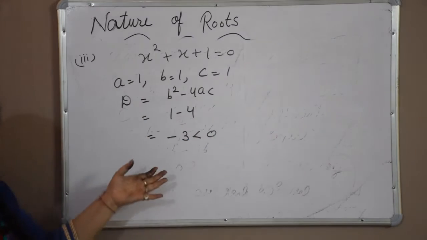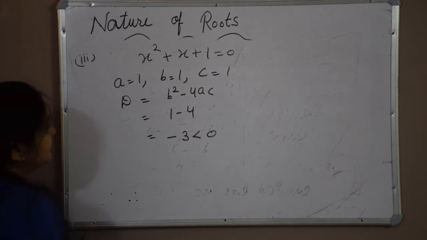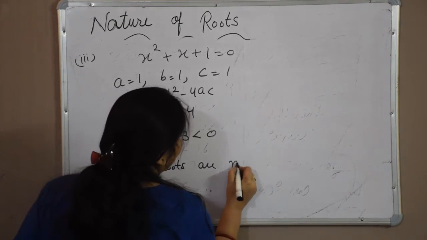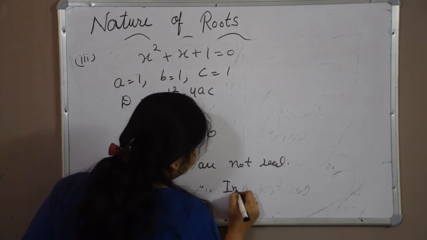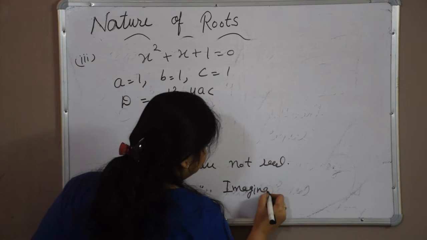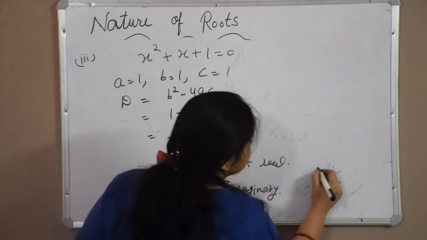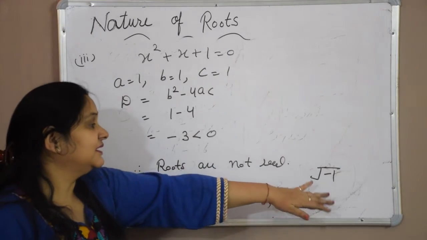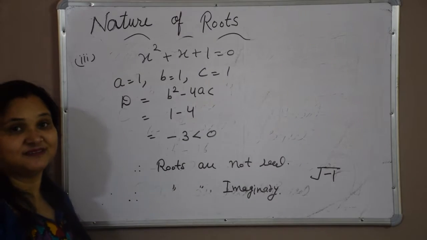Minus 3 is definitely less than 0 because all negative numbers are less than 0, and in this case our D is less than 0. Therefore, roots are not real, or you can say roots are imaginary. And I already told you the reason. Imaginary numbers are like this: under root of minus 1. Under root of any negative number is called an imaginary number. Therefore, the roots are imaginary here.